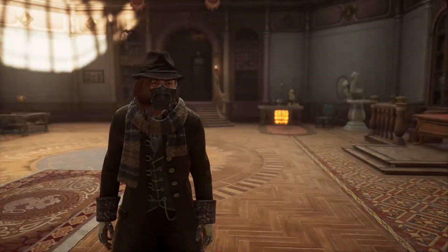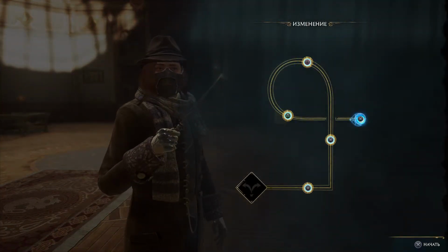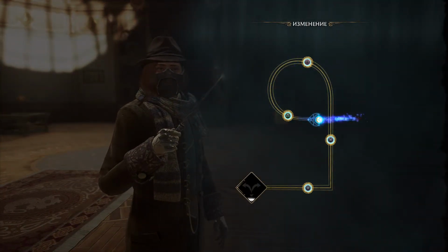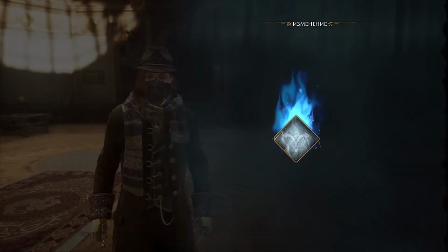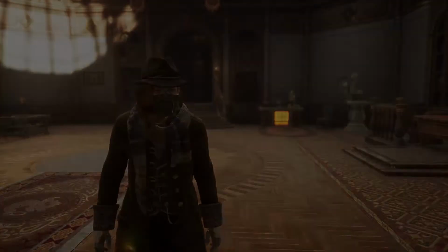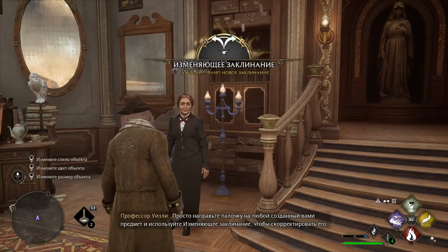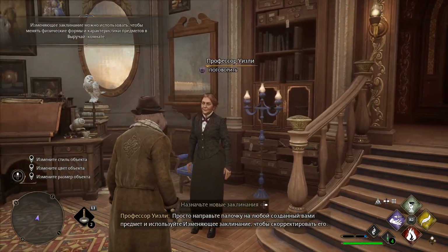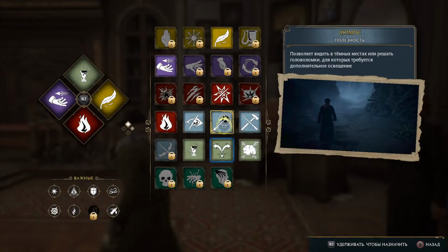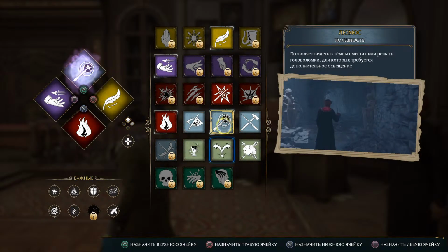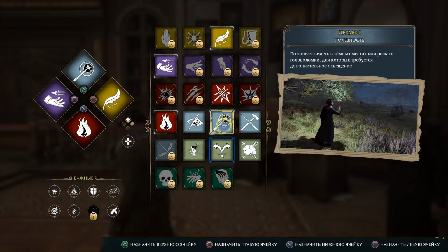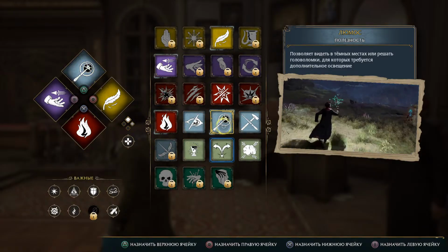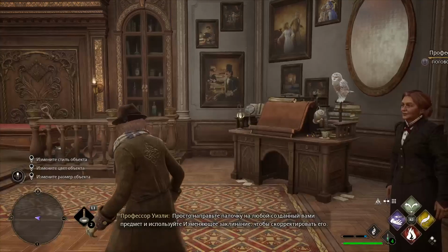What? Just aim your wand at any conjured item and perform the altering spell. Customize it.